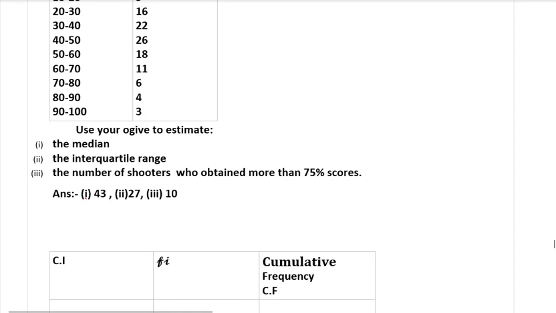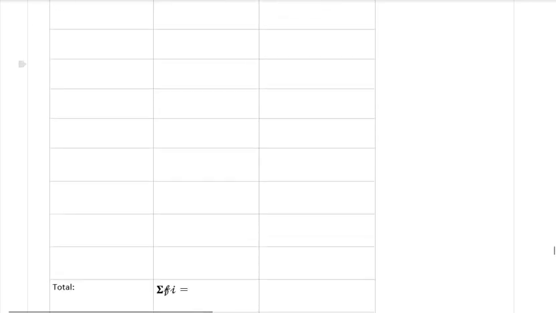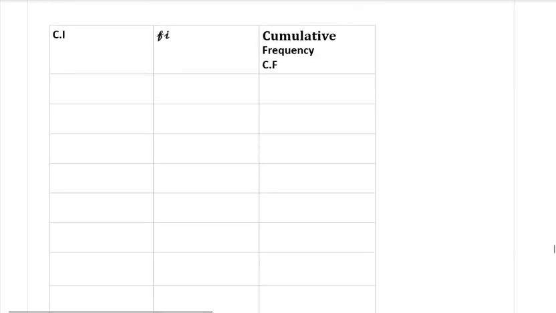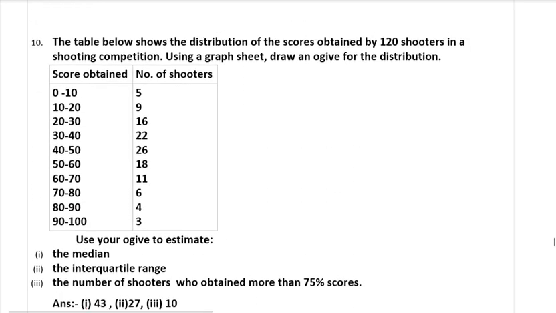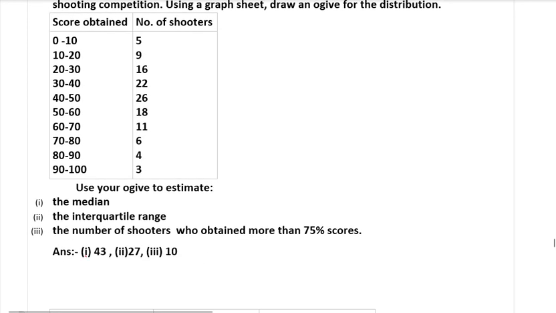Find the interquartile range, not a big deal. And find the number of shooters who obtained more than 75% scores. I hope you can do this. Fill the table, plot the ogive and do the needful. The last one has to be done by you. You can pause the video over here, draw everything, check your answers, and you're good to go.